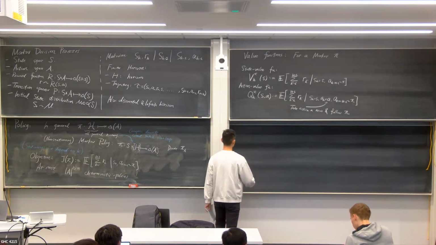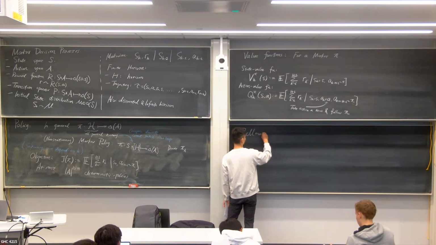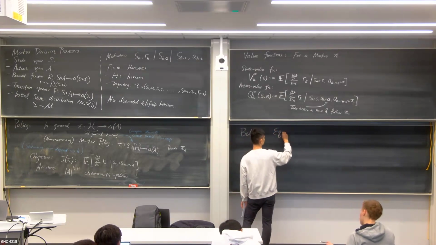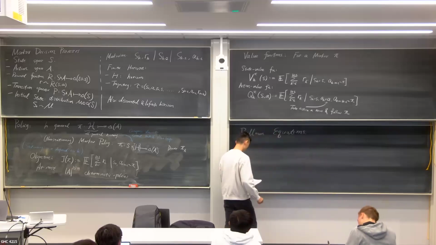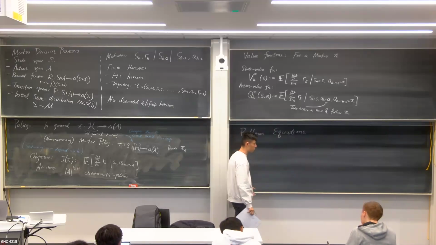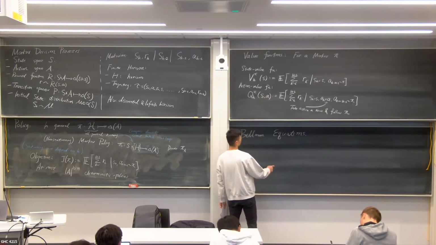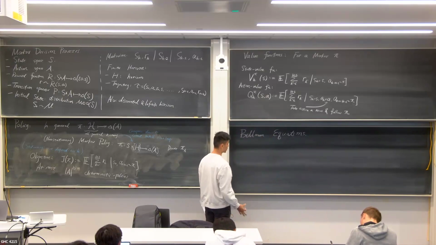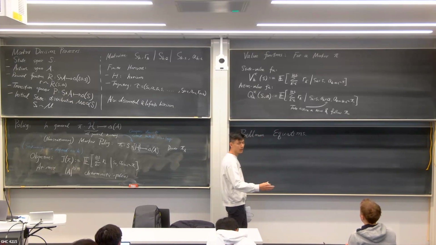Okay, so the Bellman equation. The Bellman equation will use the Markovian property. The point of the Bellman equation is the decoupling I'm talking about. Making h decisions simultaneously is hard.